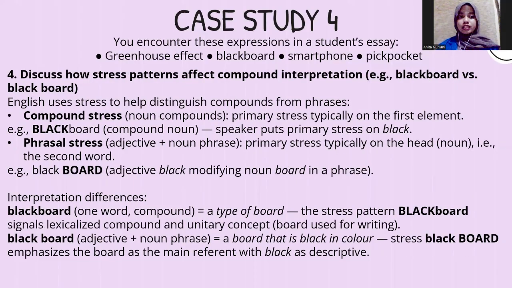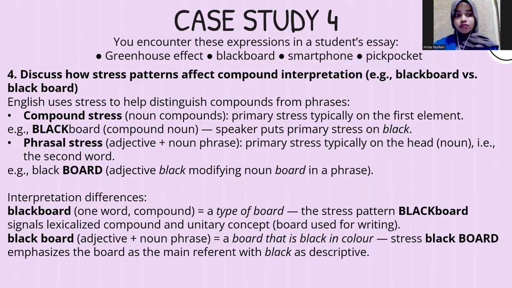And number four, discuss how stress patterns affect compound interpretation. The word blackboard with the parts attached together versus blackboard with them separated. English uses stress to help distinguish compounds from phrases. In compounds, the primary stress is typically on the first element.